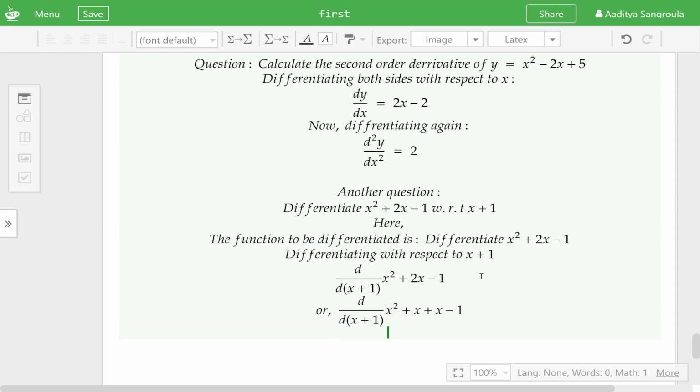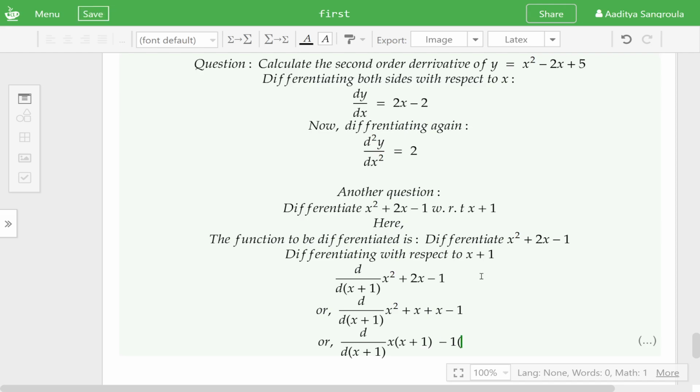And now what we do is say d over d of x plus 1. If we take x as a common factor, x plus 1, then we have this, and then minus 1.